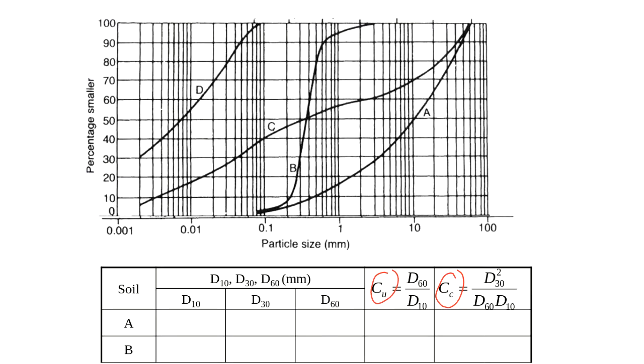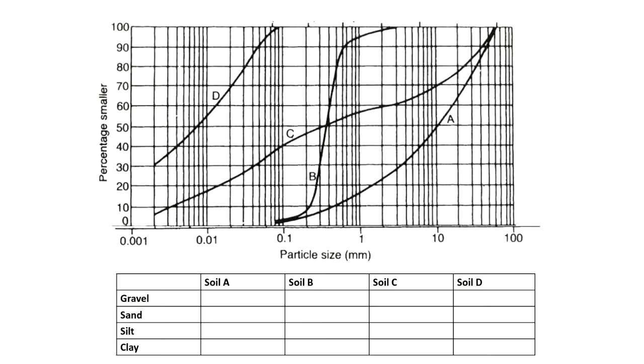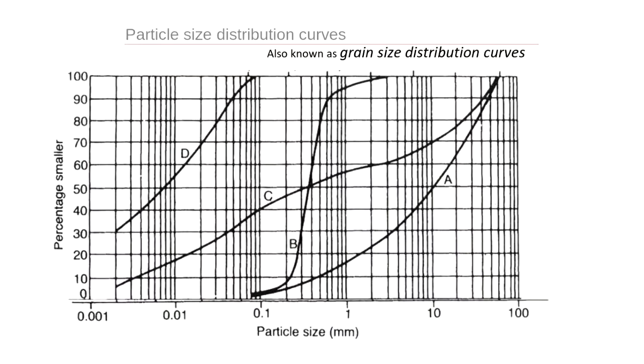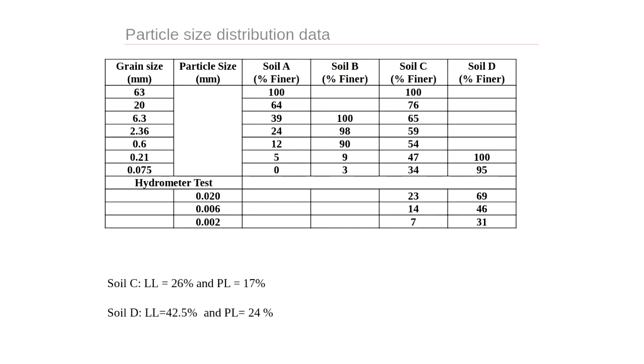Soils like soil C and D actually come with some data on plasticity. I'll quickly go back. This is the initial data that we get from testing.